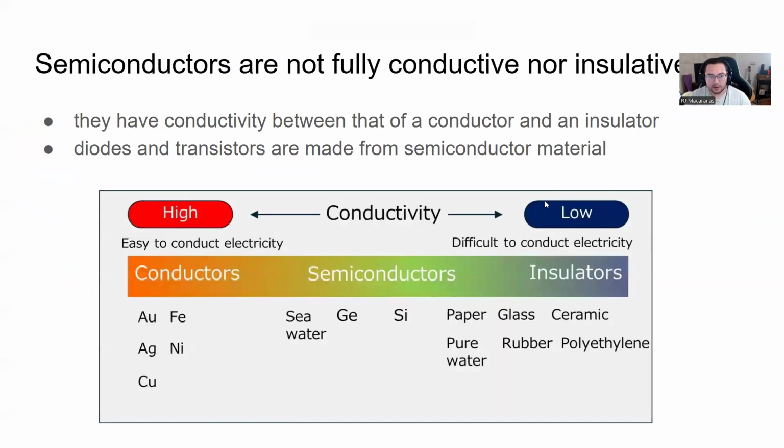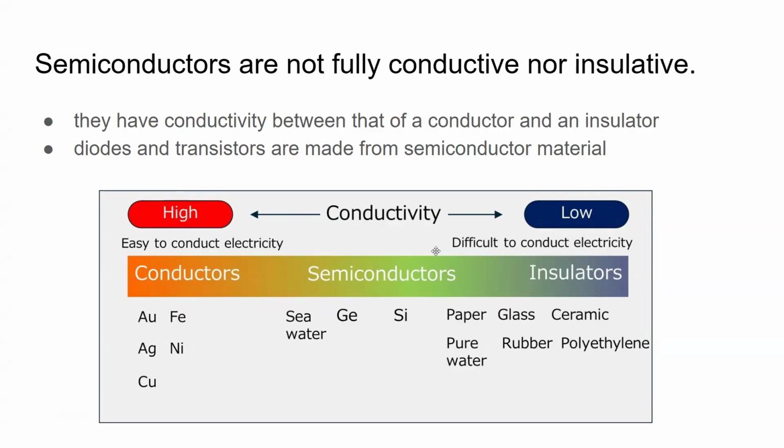So first off, semiconductors. Semiconductors are not fully conductive nor insulative. And so here is just a kind of spectrum of different materials and conductivity that they follow. So here we can see when the conductivity is high, we call these conductors, and things like iron, gold, copper, silver are good conductors.